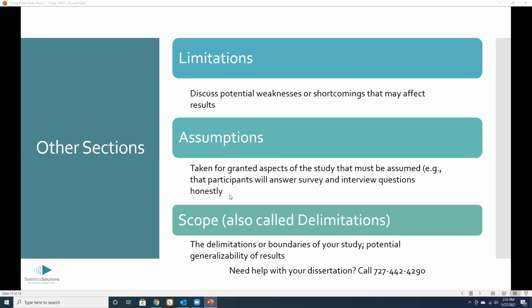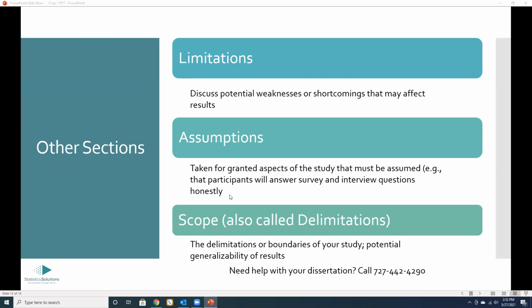It might appear in the scope, but generalizability is the idea that you're doing a study on a sample of a larger population. You're studying job satisfaction in elementary school teachers. Okay, so your larger population is elementary school teachers, and you're just studying a sample of them.